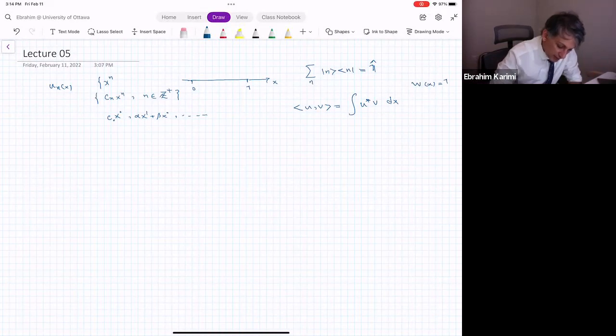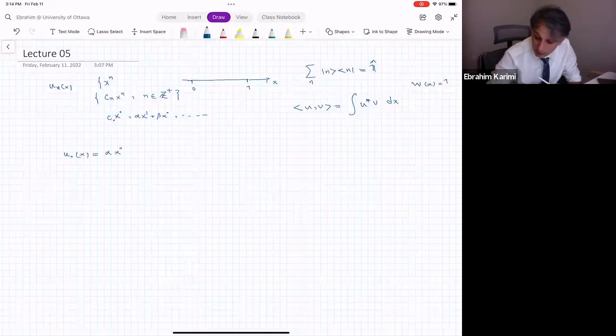We say that the first one is u_0(x) equal to alpha x to the power of 0. And let's first check that <u_0|u_0> is equal to 1. From here, we get alpha squared in the domain of 0 to 1.